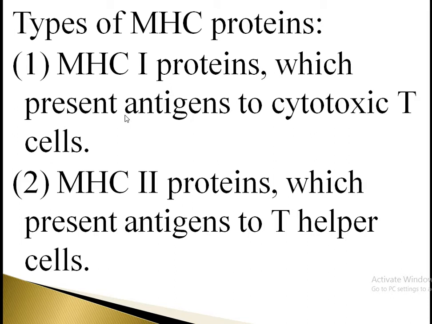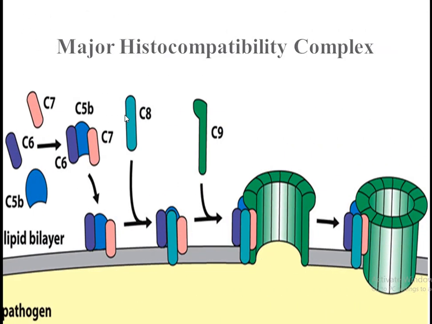At this stage we are discussing that for the antigen presenting cell to be attached with the T cell, we need MHC. How is it formed, the major histocompatibility complex?